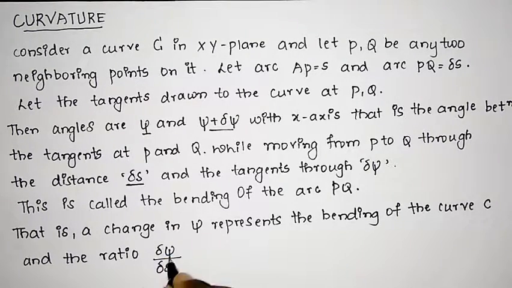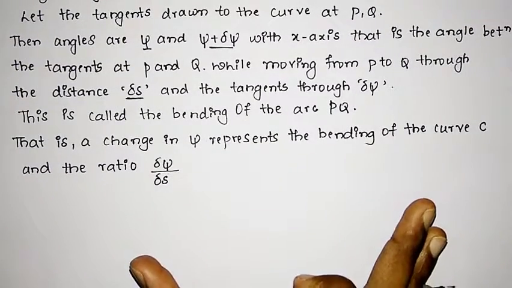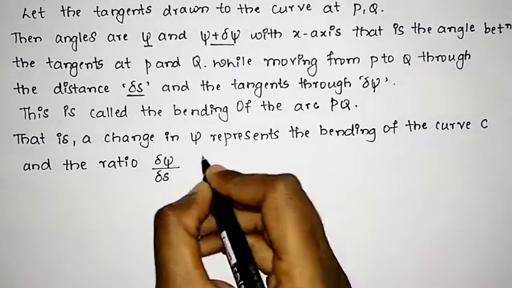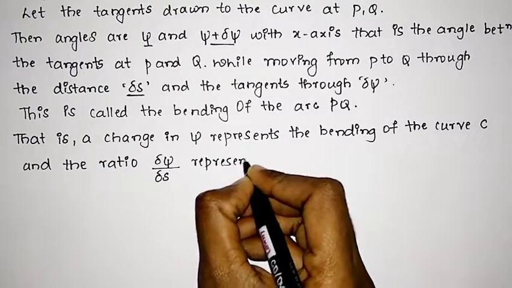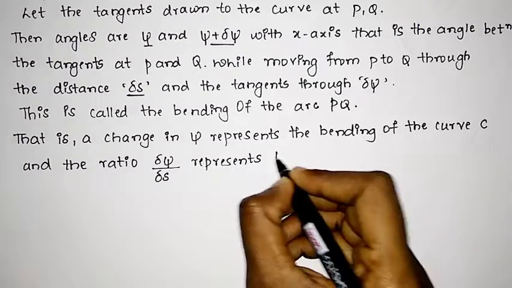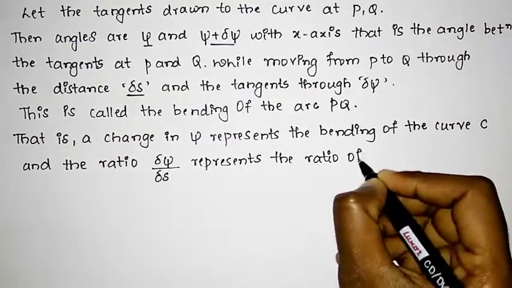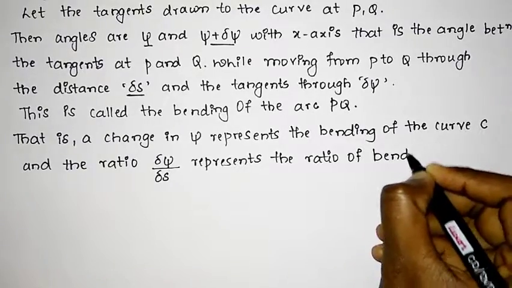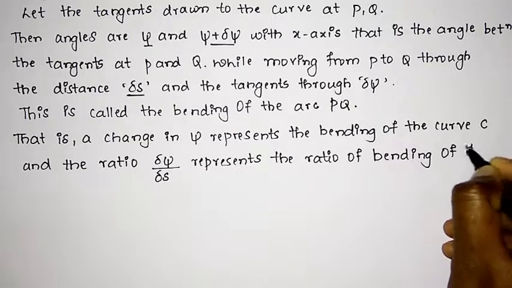Delta phi is nothing but the change in angle, and delta S is nothing but the change in distance. This represents the ratio of bending of C, where C is the curve.